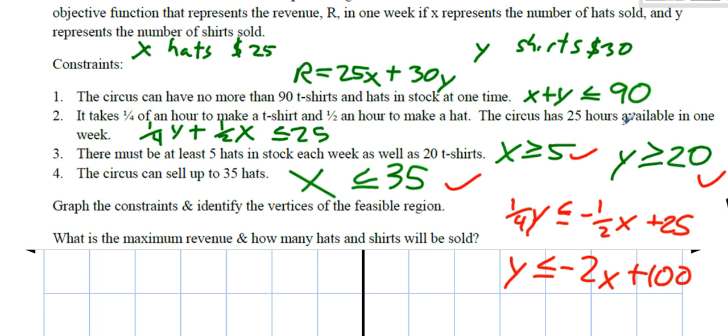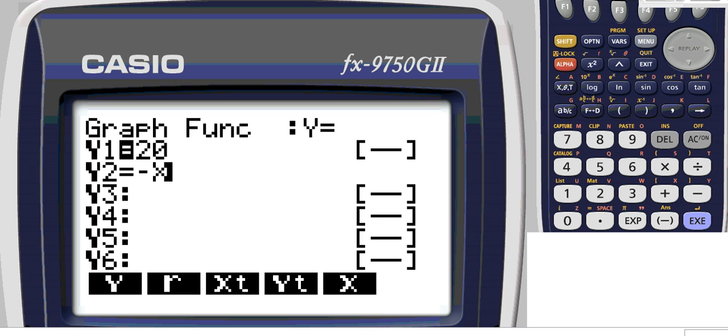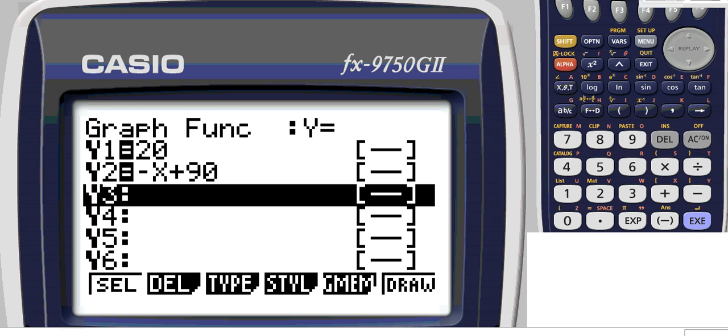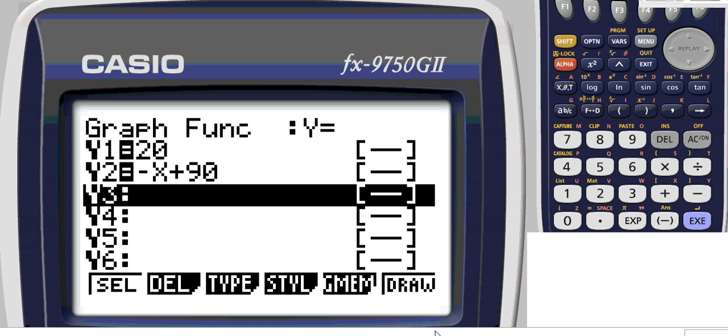We're also going to graph this one, so y equals negative x plus 90. And y equals negative 2x plus 100.